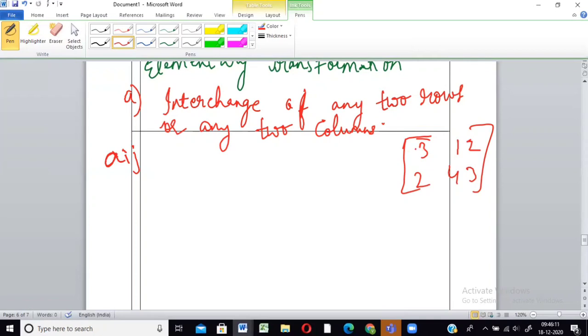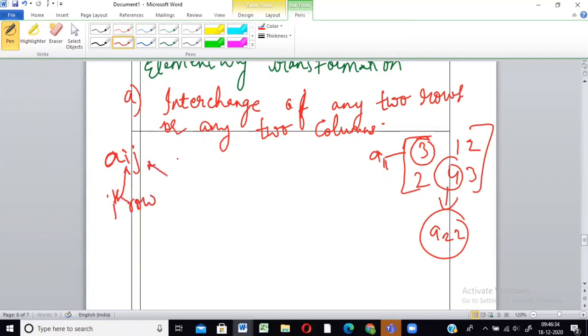This element lies in the first row and the first column, right? So its position is A11, meaning first row and first column. Suppose 4: where does 4 lie? Second row and second column. So its position is A22. So Aij in general represents the position of the element which is in the ith row and jth column. I stands for the row number, J stands for the column number.